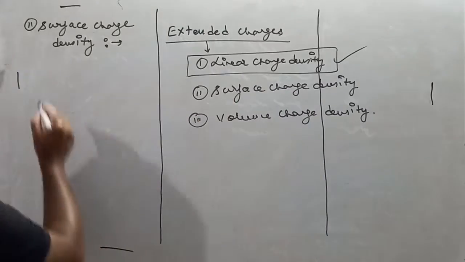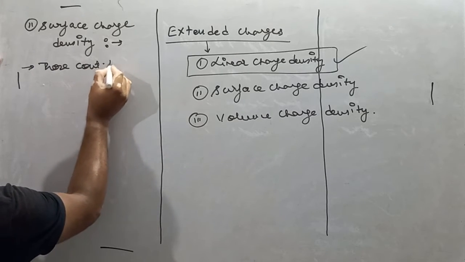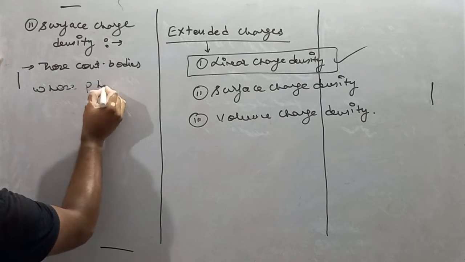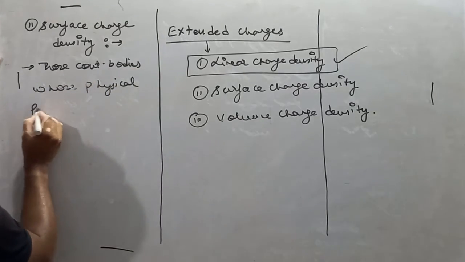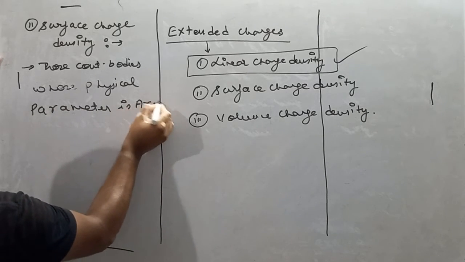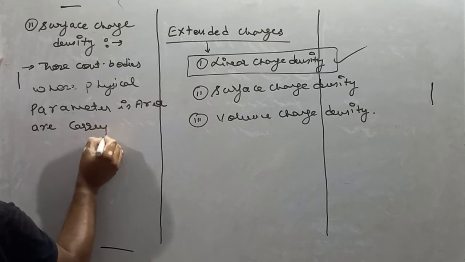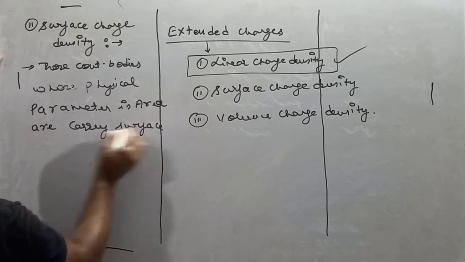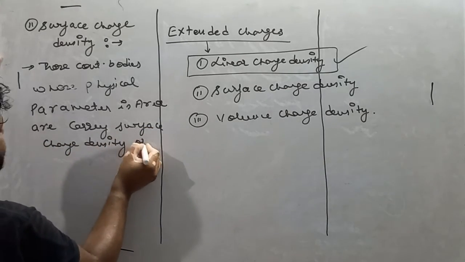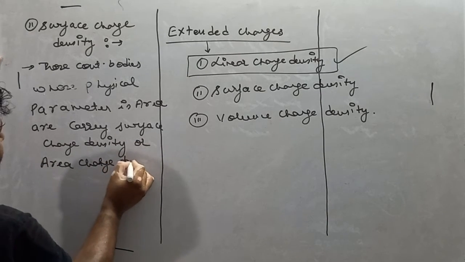So I'll write here that those continuous bodies whose physical parameter is area carry surface charge density, or we can say area charge density.